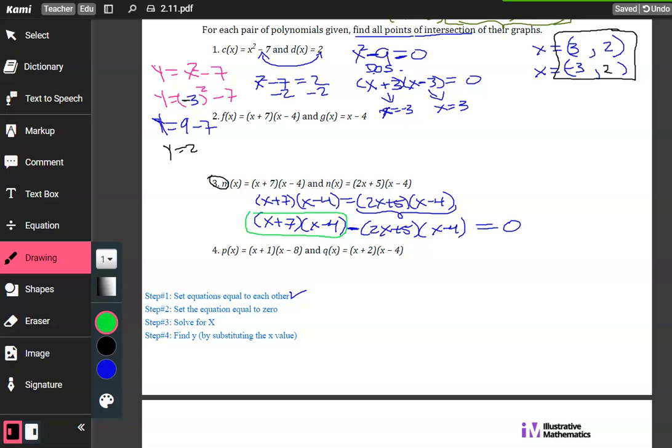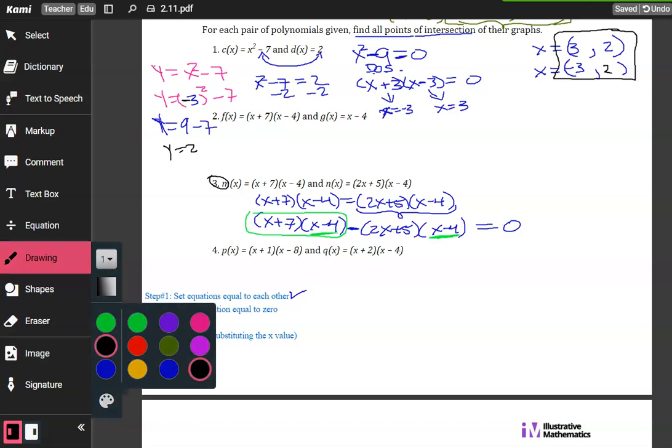Actually, let me see if I could do anything else. I could see that one of the answers is going to be 4, because 4 minus 4 is 0. And also over here, 4 minus 4 is 0. Oh, wait, they do have something in common. I didn't see that. They have an x minus 4. So I could take that out.